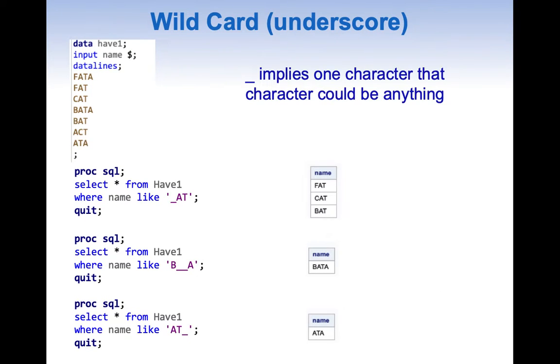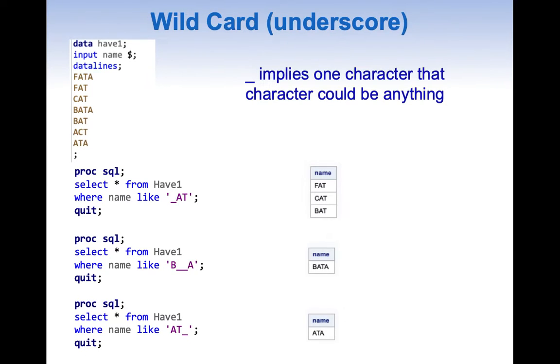Let us understand the concept of wildcard using examples. Here first we will look into underscore. Underscore implies one character. That character could be anything. Now let us go into an example wherein we are creating a new data set, data have one, and it has records like this: FATA, FAT, CAT, BATA, BAT, ACT, ATA.